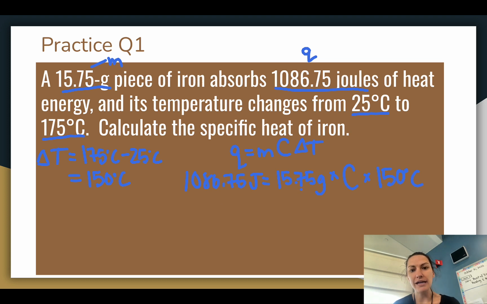We're going to divide by 15.75 and 150 degrees Celsius on each side, and we're going to get our specific heat of the iron as 0.46 joules per gram degree Celsius. All right, and so that's an example of how we would find the specific heat of iron.